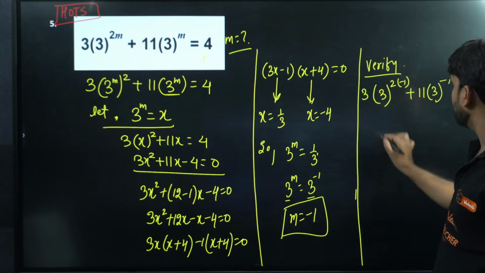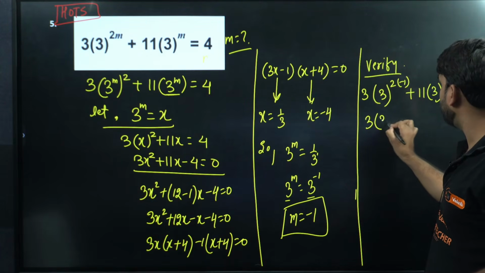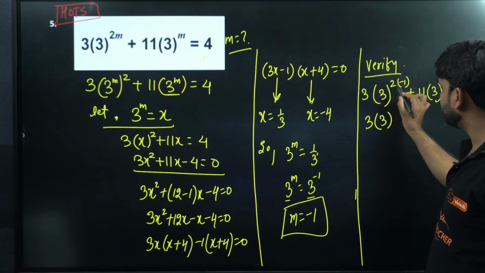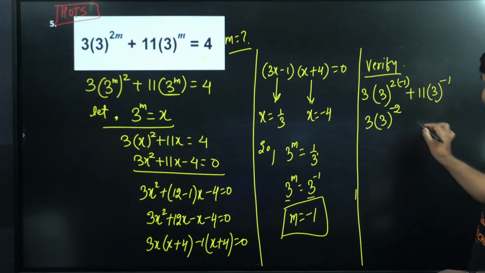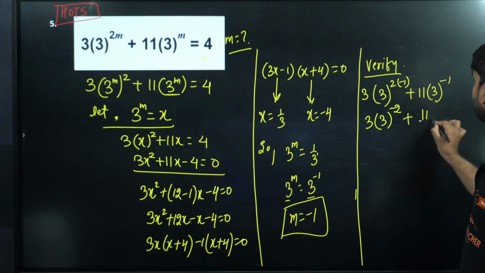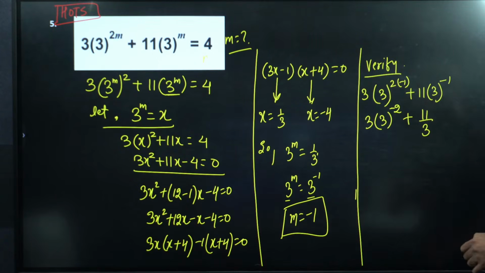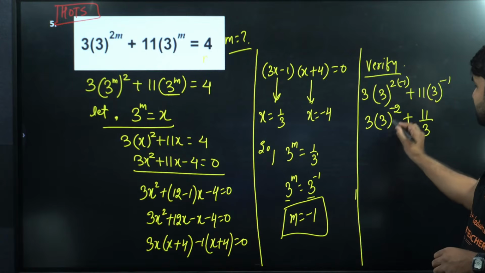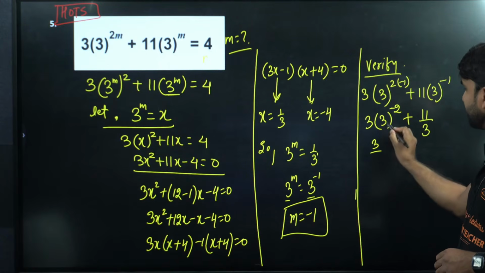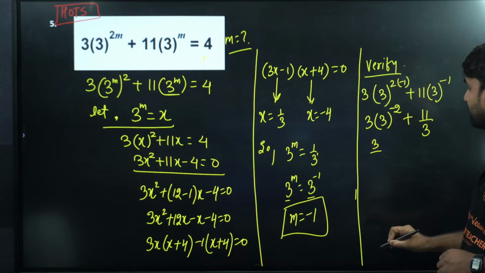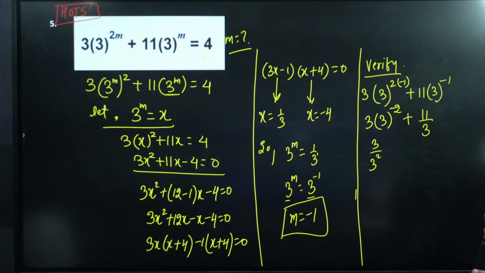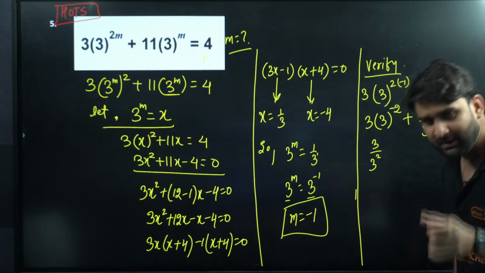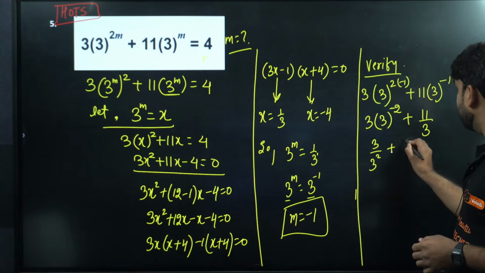Let's solve this. 3 into 3 to the power 2 into minus 1 gives 3 to the power minus 2, plus 11 by 3, since 3 to the power minus 1 can be written as 1 by 3. 3 to the power minus 2 can be written as 1 by 3 squared, because the power becomes negative if we take it in the denominator form, plus 11 by 3.